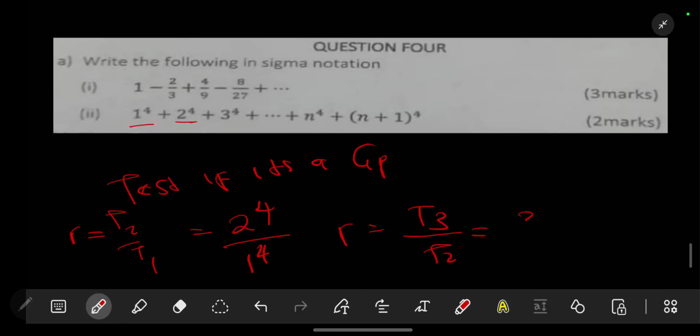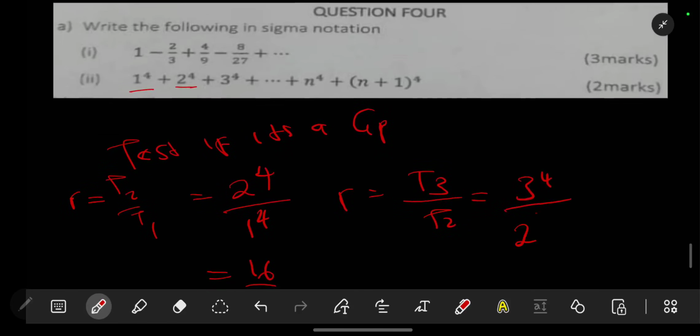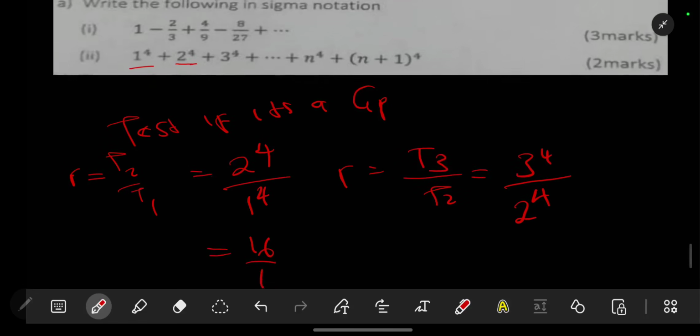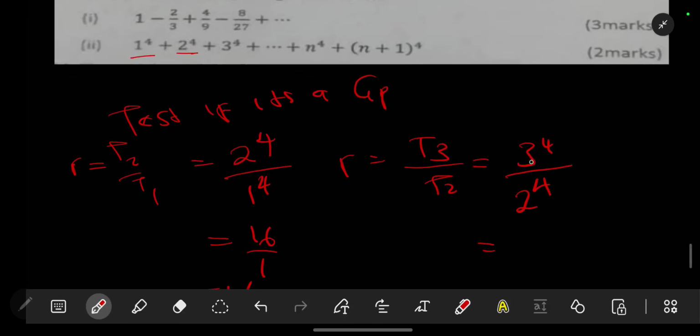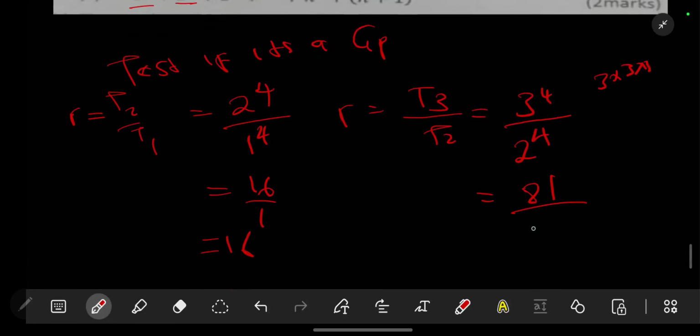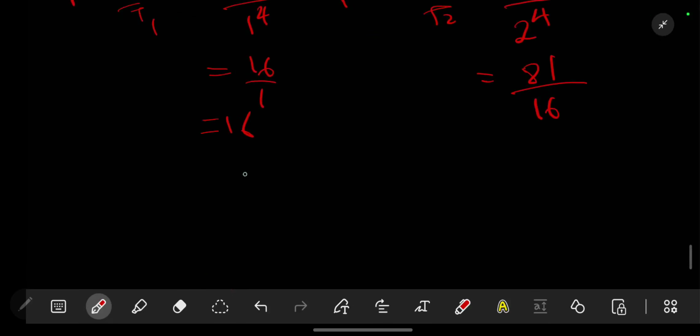Term number 3 is 3 to the power 4 over 2 to the power 4. 3 to the power 4 is equal to 81, if I'm not mistaken, because 3 times 3 is 9, times 3 is 27, times 3 is 81. So we have 81 over 2 to the power 4, which is 16. So R is different.